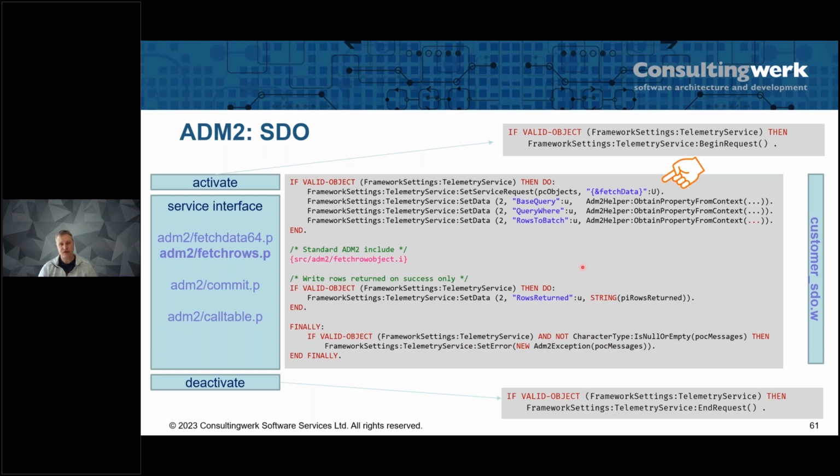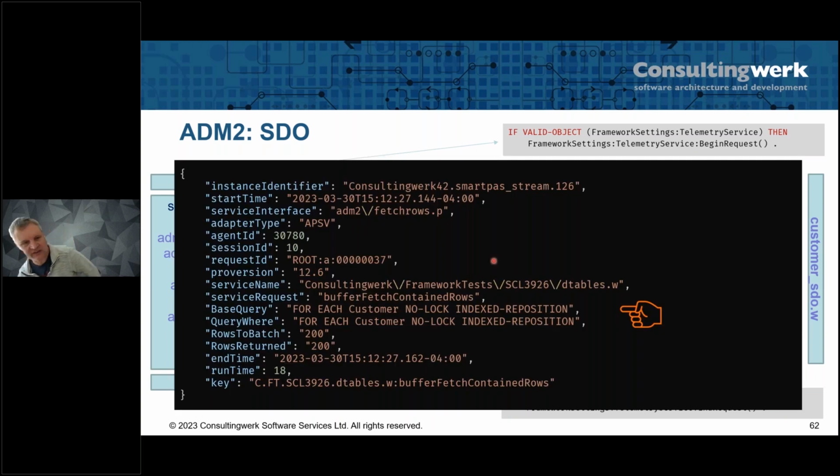So again, the same approach. This include file over here does the starting of the SDO, it does all of the things it needs to do. So this is the furthest out in the application where we can get all the data we need to instrument this request. And so this can give us data that looks something like this.